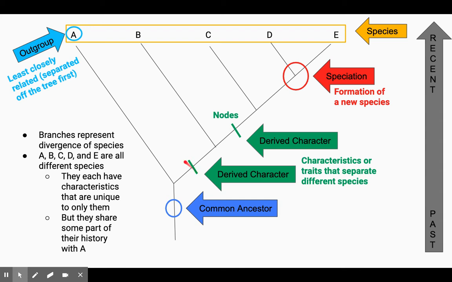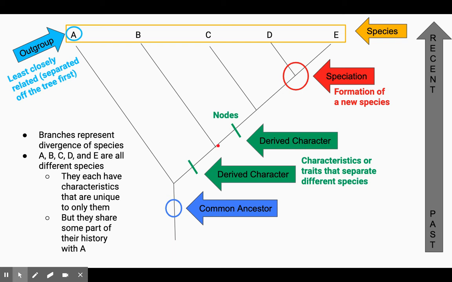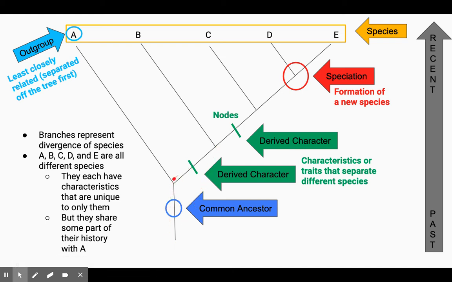Let's say that this node represents the trait of fur. So if a species has fur, it can pass that exit. It gets to keep driving. If the species does not have fur, it can't pass this exit or this node because it doesn't have that derived characteristic.